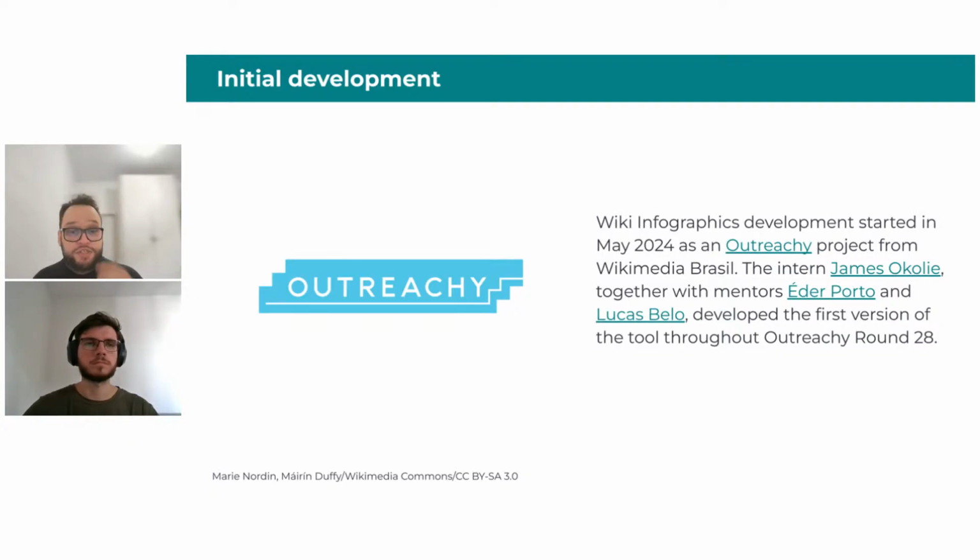So in 2024, we started a project with Outreachy to develop the Wiki Infographics. We had an intern, his name is James O'Coley. And together, me and Lucas Bello, who was the previous assistant in Arthur's position, we developed the first version of the tool throughout round 28 of Outreachy.